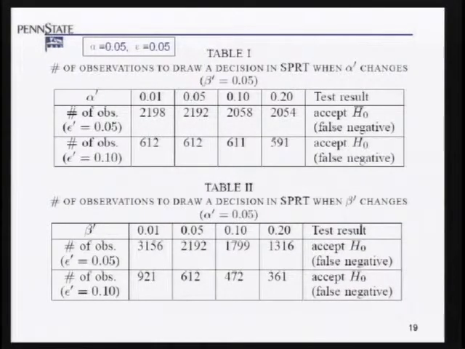We assume that once we use this test, here are some of the results. We show that the attacker can use its own alpha prime and beta prime, which are the false positive and false negative rates acceptable to the attacker, and then the number of observations the attacker will make, and this is the range you will consider. This determines the lower bound. The result here shows that after the attacker has collected 2198 events, the intervals, the attacker will make a decision, because either you accept H0 or H1, right?